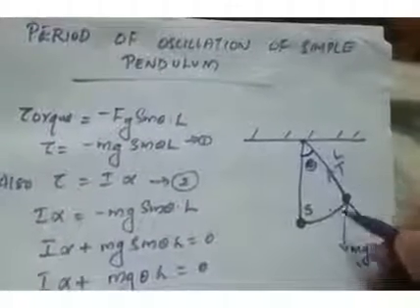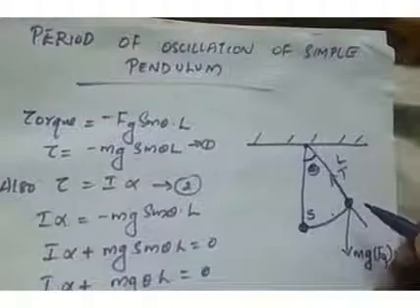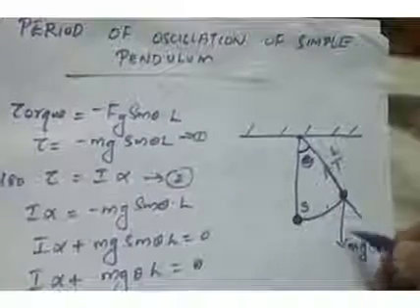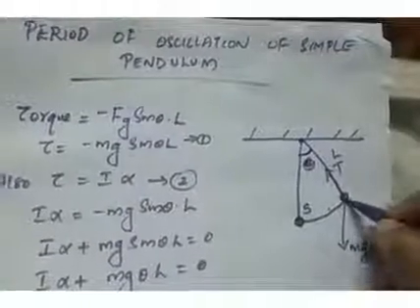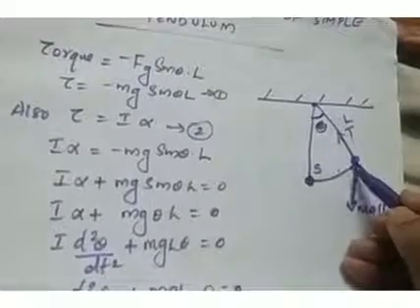So it's not possible to add or subtract these vectors since it is a vector. Okay. So we need to resolve this weight of the bob into two components. So this vector can be resolved into two mutually perpendicular components. One component acting along this direction and another component acting along this direction, isn't it?